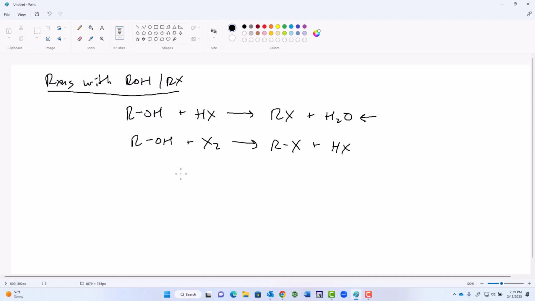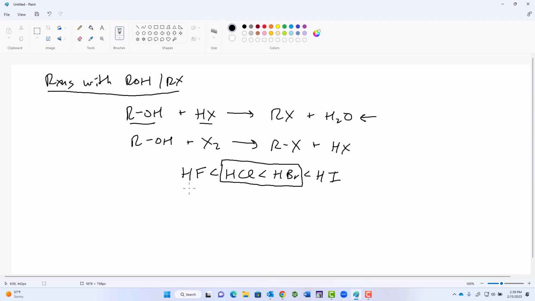Now for the reactivity of this alcohol plus acid, there are trends for both the alcohols and the acids. For the acids, HF is going to be less reactive than HCl, which is going to be less reactive than HBr, which is going to be less reactive than HI. Our sweet spot for reactions is generally going to be HCl and HBr addition to alcohols.